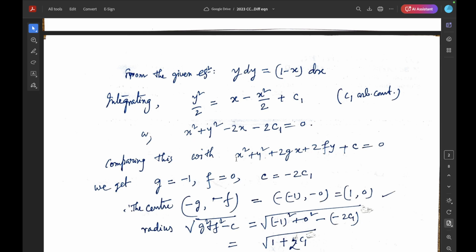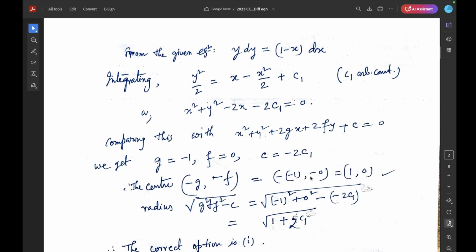Comparing this with the general equation of a circle, x² + y² + 2gx + 2fy + c = 0, we get g = -1, f = 0 and c = -2c1.